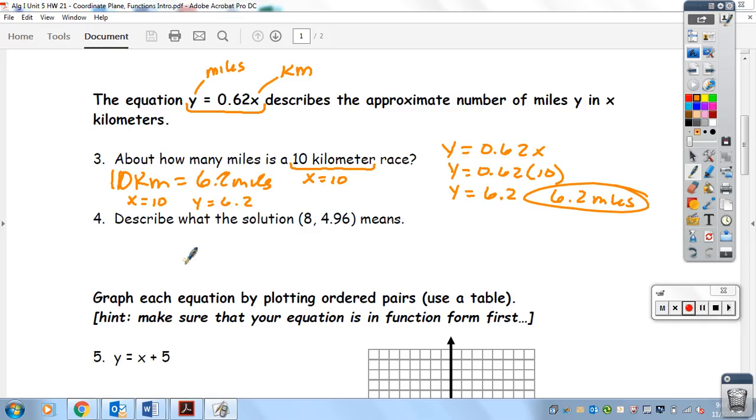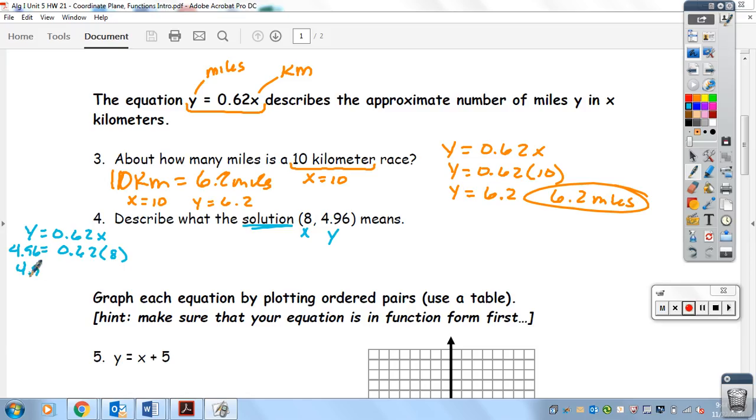They're the same thing. So if x is 10, that means y equals 6.2. It is a solution. Speaking of which, question number 4 says, if this is a solution, that means x is 8 and y equals 4.96. So what does that solution mean? Well, since it's a solution, that means if I plug it in, it would work. y equals 0.62x. Let's see. Is 0.62 times 8 the same thing as y, which is 4.96?